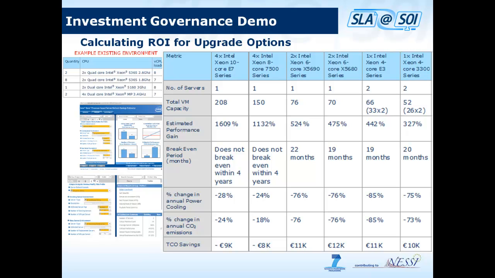It doesn't take into account any additional business value or profit or revenue that may be generated from that new service. At the bottom as well, it's got a total cost of ownership saving. So it's quite useful to help you identify how and what type of servers you should replace your existing fleet with, but also when to do it.